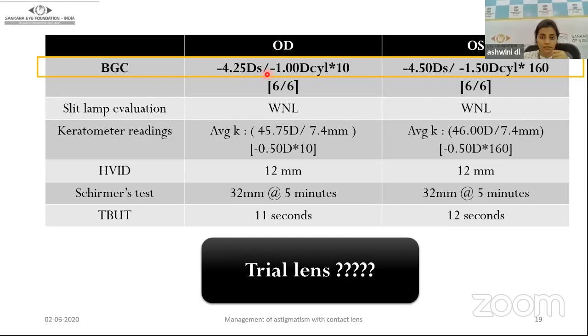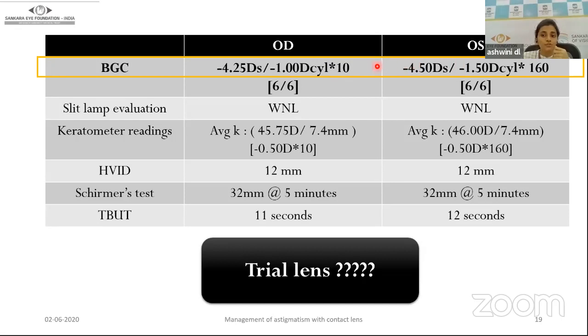In this condition, you have to do vertex distance compensation for both meridians. In the 10 degree meridian there will be minus 4.25, and in the other meridian there will be around minus 5.25 diopter of power. So do vertex distance compensation for both eyes separately. Even in the left eye, you have to do it for both meridians.